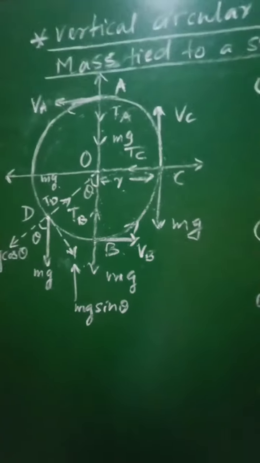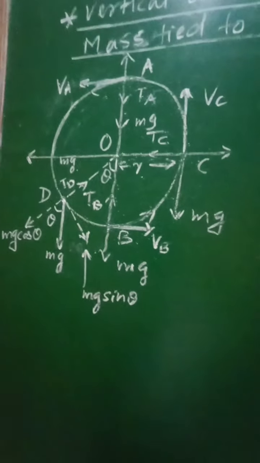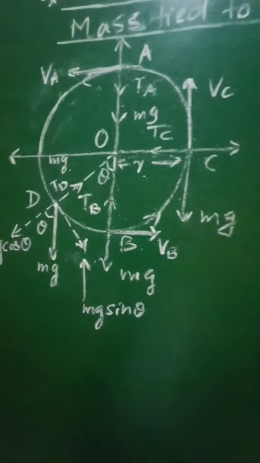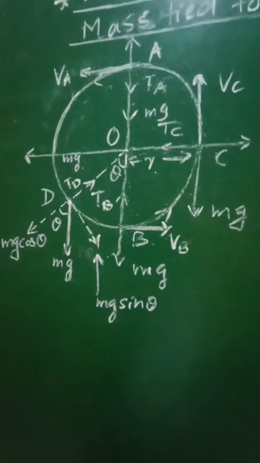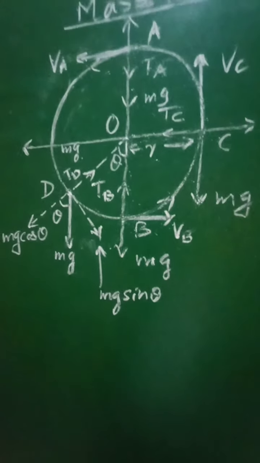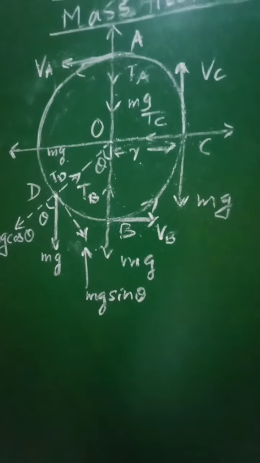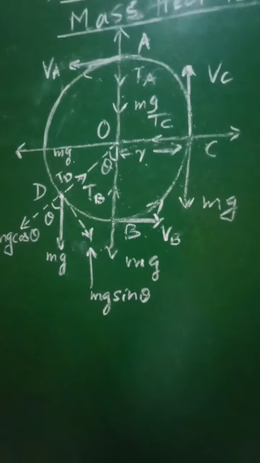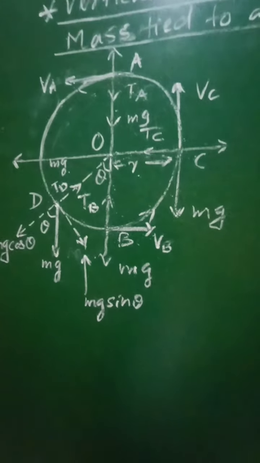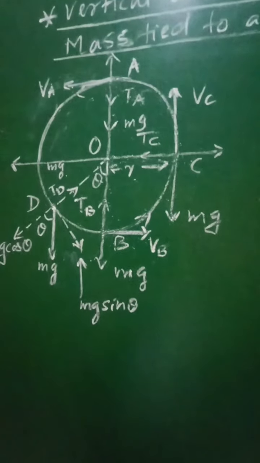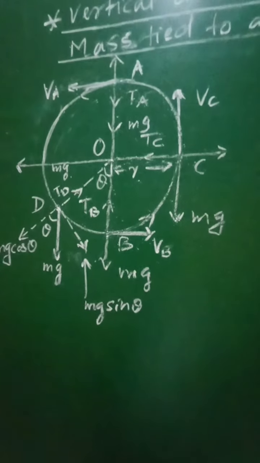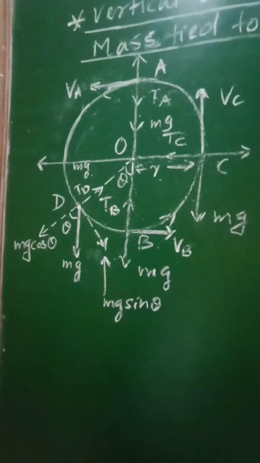That means when that particle is performing vertical circular motion, it will be acted upon by two different forces, that is the weight of the bob acting in the vertically downward direction irrespective of the position, as well as the tension in the string, which is always directed towards the center of that circular path.